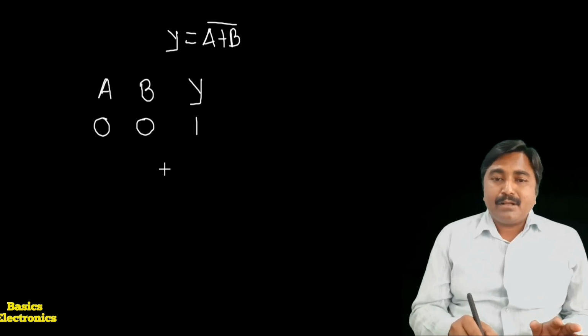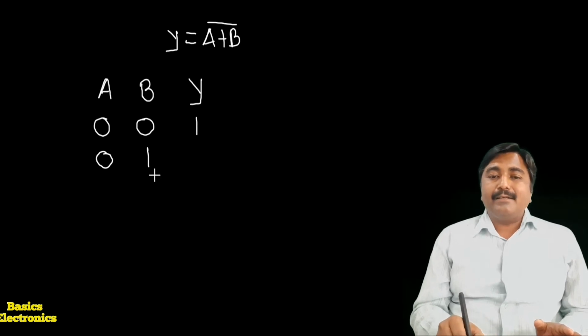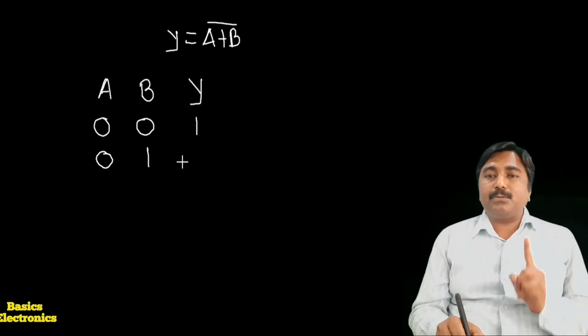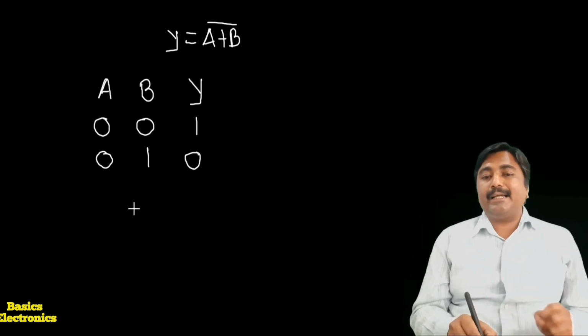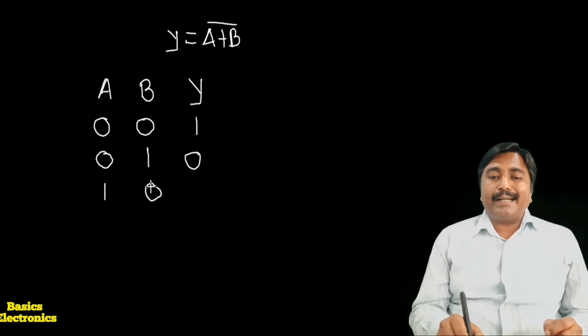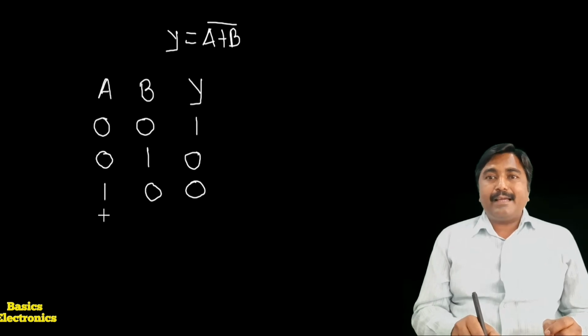If we consider the second condition, A is 0 and B is 1, then we get 0 plus 1 equals 1 and its complement equals 0. When A is 1 and B is 0, again we get the output equal to 0, and when A is 1 and B is 1, we get the output equal to 0.